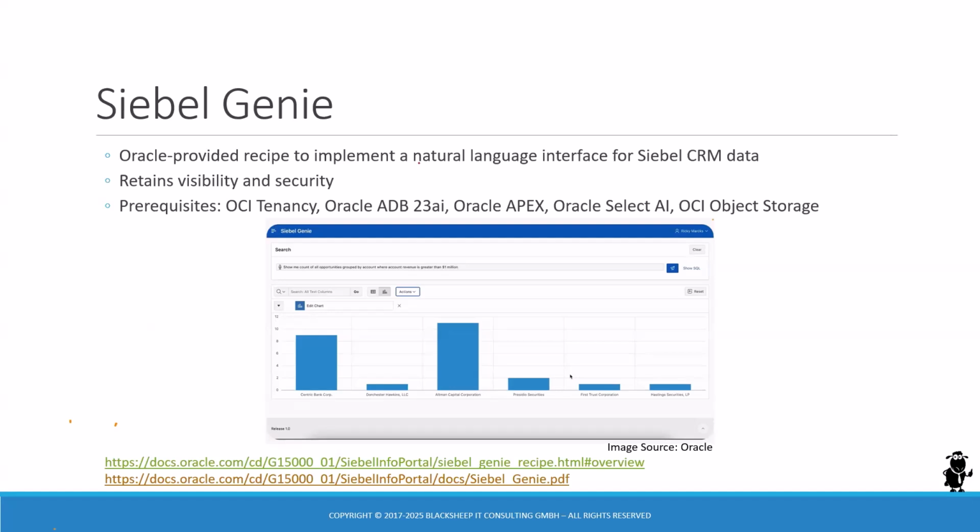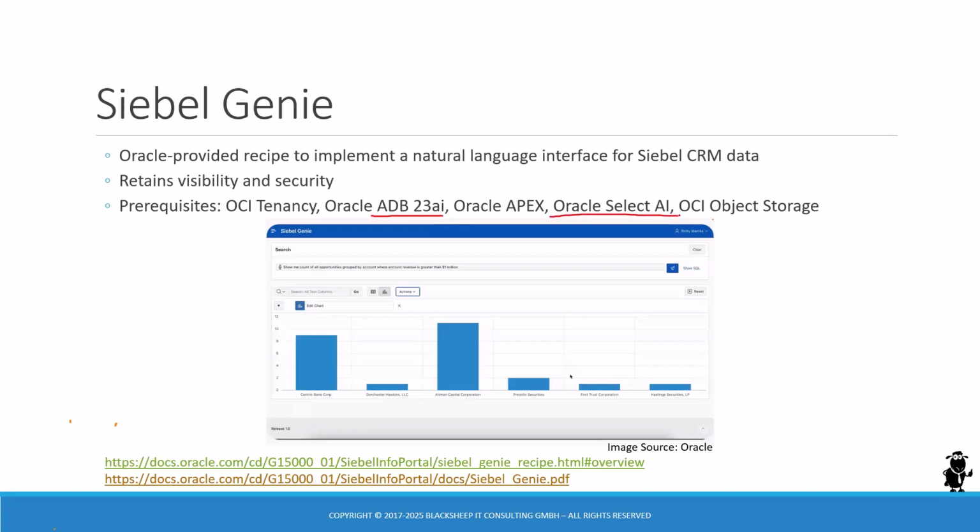Now, there is a feature in Oracle Autonomous Database 23AI. I think you have to use that exact type of database. And Angelos also points out there's a webinar you can register for on the Siebel Genie. So, correct me if I'm wrong, Oracle folks in the room, please: does it require ADB 23AI or just 23AI?